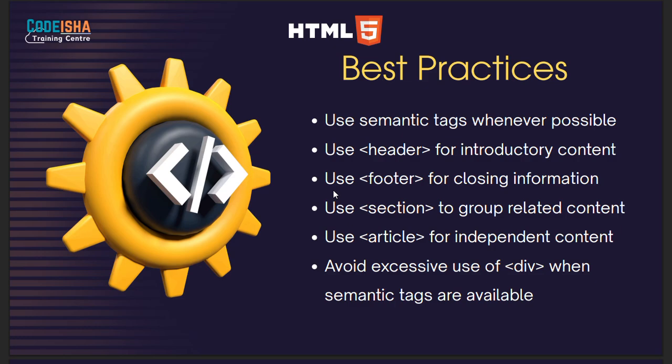Use footer for closing information like copyright details and contacts or website privacy policy content. Use sections to group related content based on our heading, and based on that heading we give the content articles. And avoid excessive use of div tags when semantic tags are available. So I think up to here okay, right?